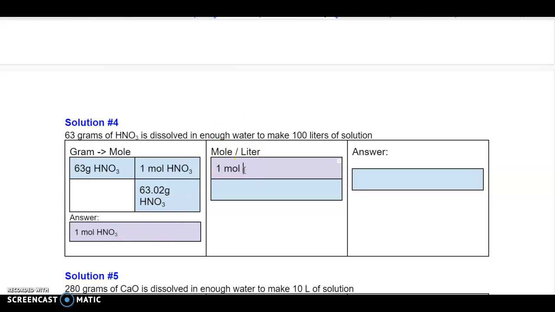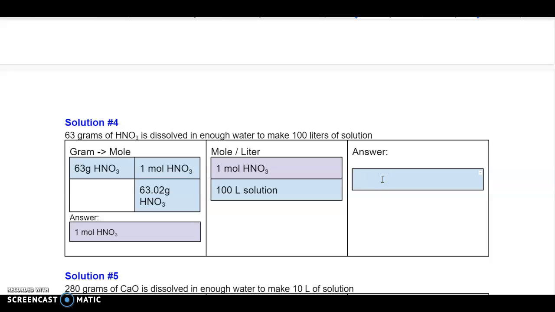So 1 mole of hydrogen nitrate for every 100 liters of solution. So now we're going to do 1 divided by 100.